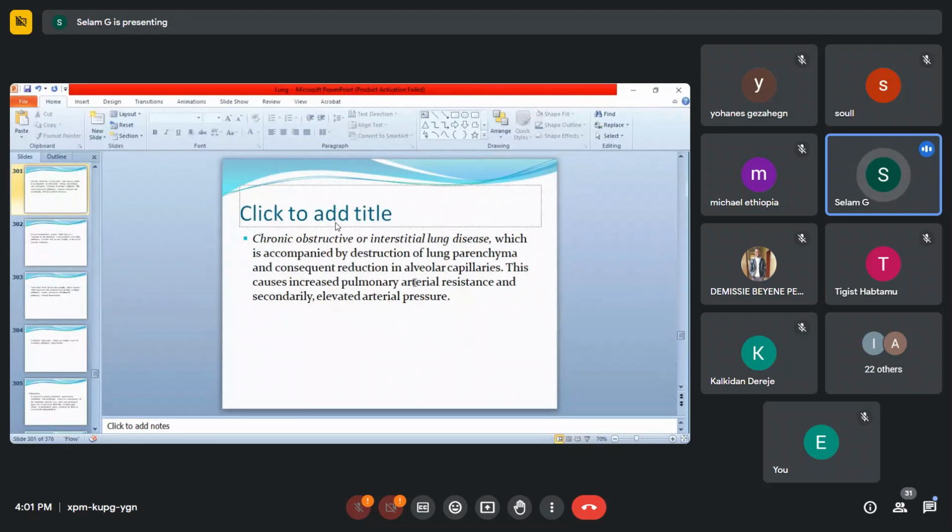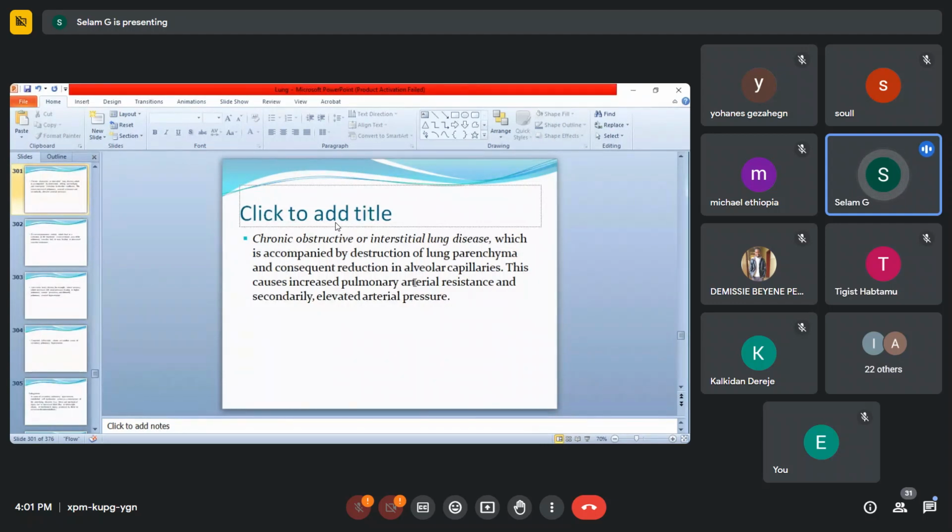All the processes that we have discussed so far, if left untreated and not managed well, are able to bring about pulmonary hypertension.